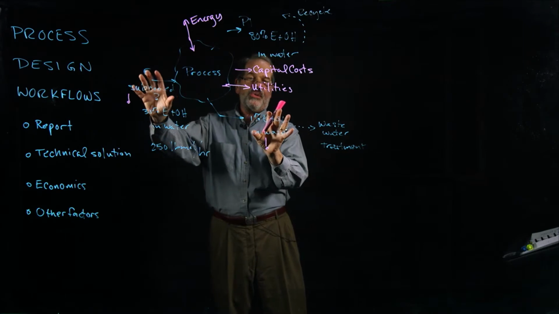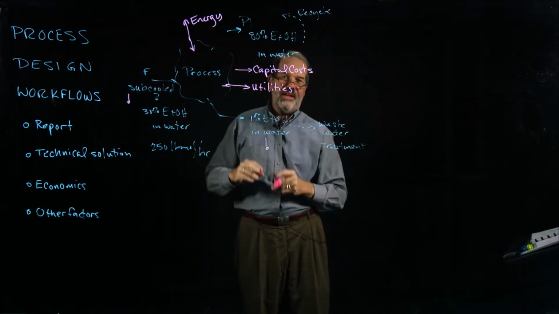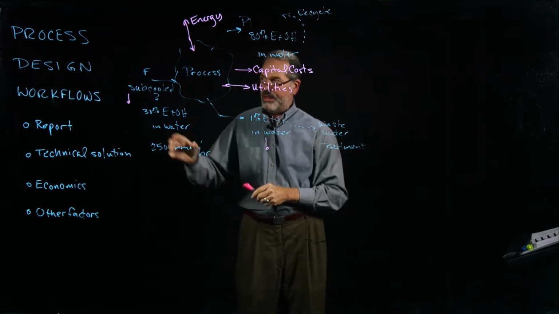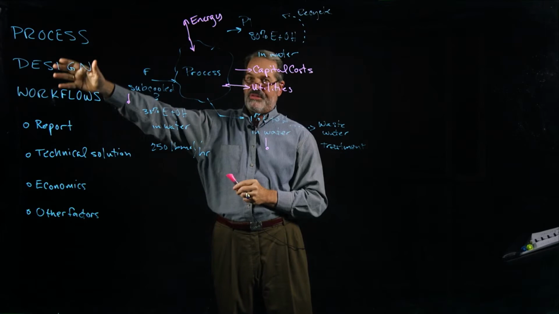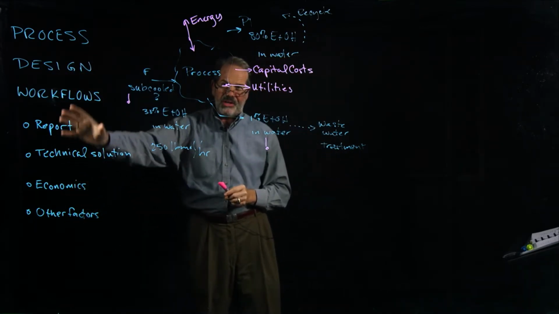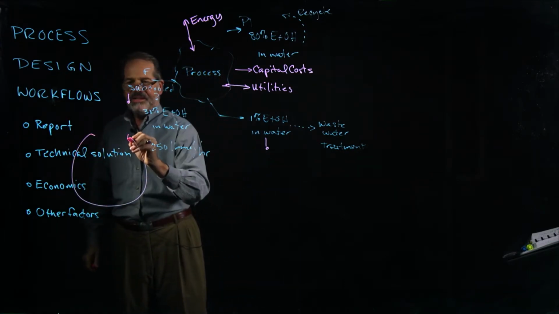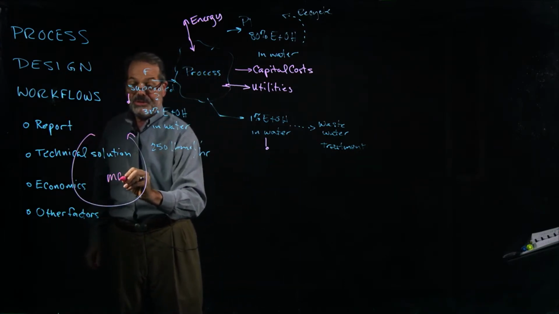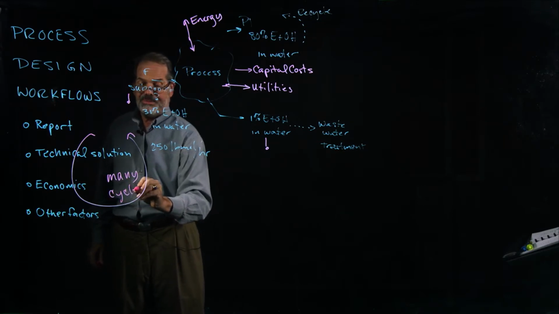So these are things we're going to come back and look at once we have gone through a complete exercise to do a cost. What I'm talking about today in terms of process workflows is we are going to be going through this process of workflow many times, or we should be going through this many cycles as we are improving our design.